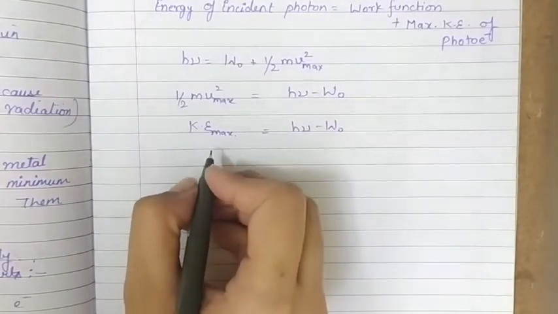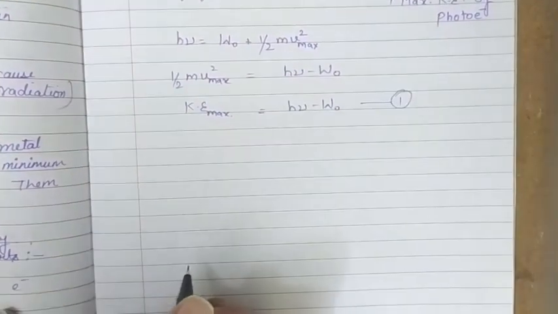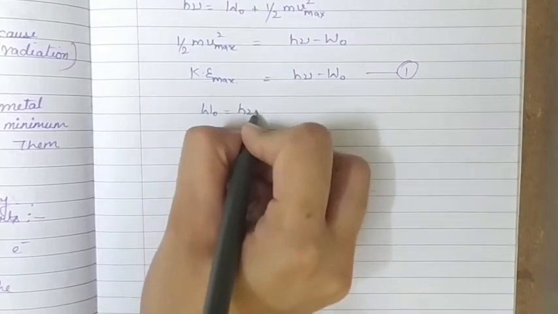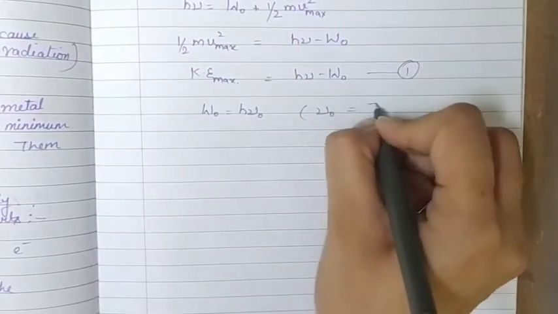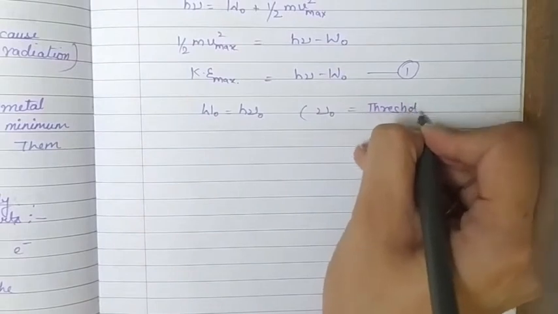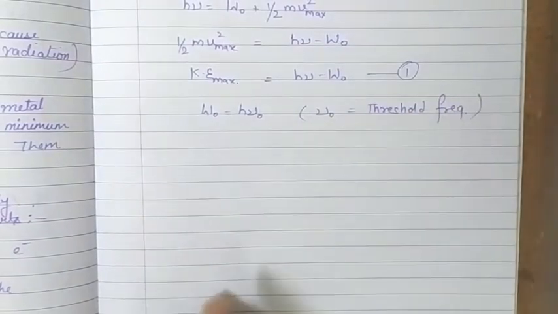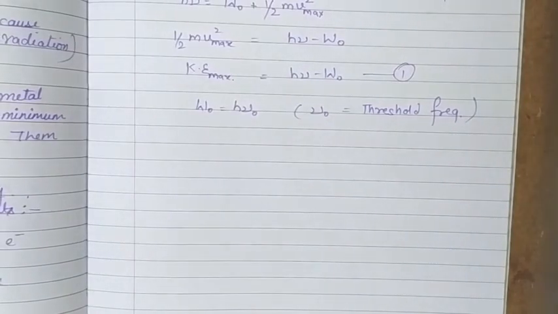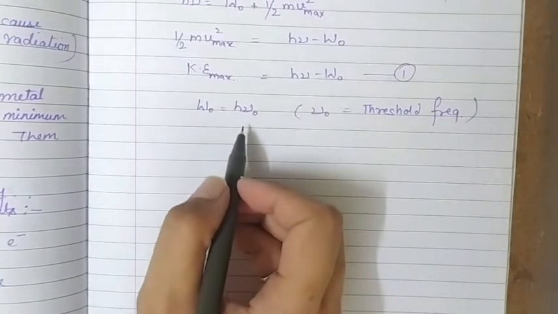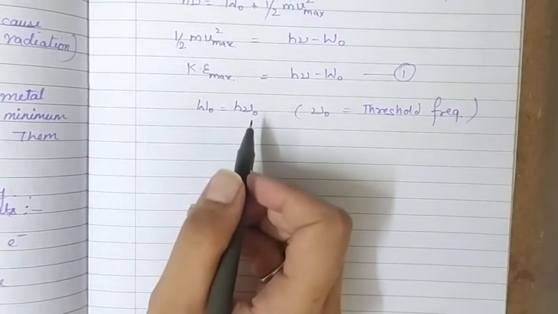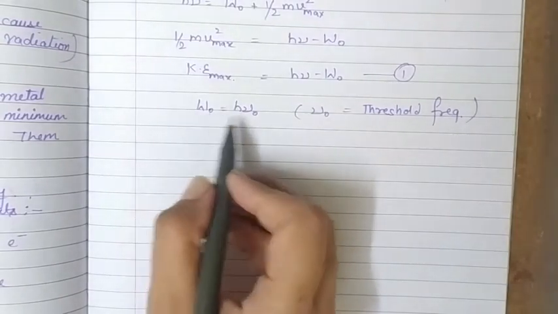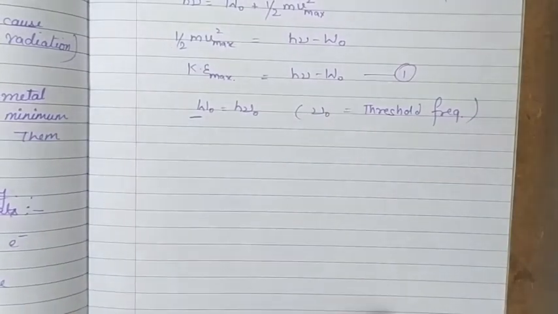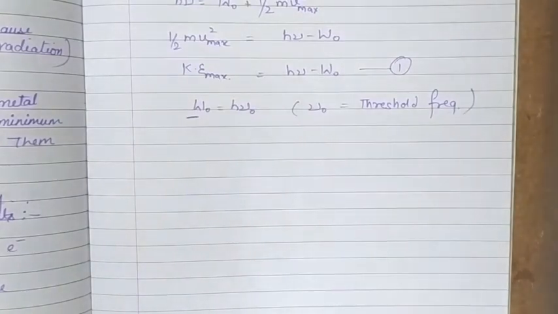Now, let that be equation number 1. The second thing that we have is W naught is equal to h nu naught, where nu naught is the threshold frequency, right? The threshold frequency is that frequency at which we start getting photoelectric emission, meaning electrons start coming out of the surface, and the energy corresponding to that is called the minimum energy required for photoelectric emission, which is equal to the work function.